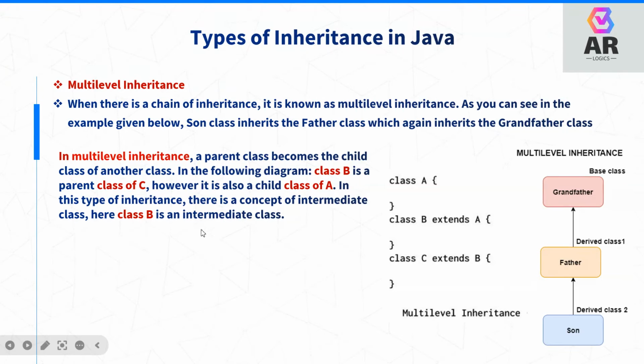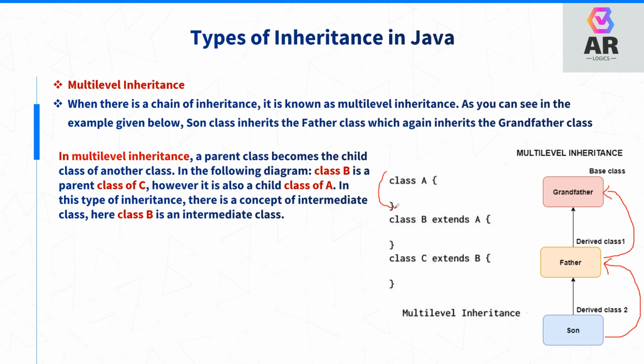Multi-level inheritance is an extension of single inheritance in Java where another class again inherits the subclass which inherits the superclass. When there is a chain relationship, see, son to father, father to grandfather.